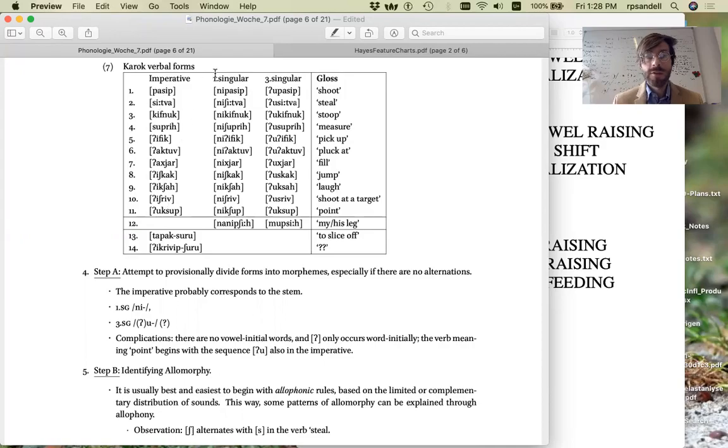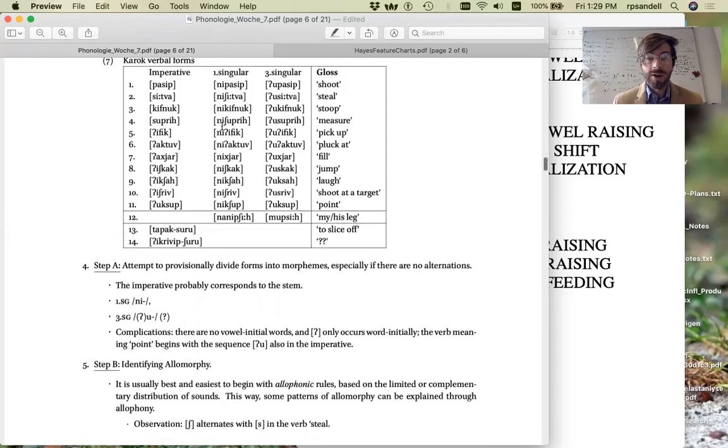When I look at the first singular forms, on the other hand, there it should be immediately clear to us that there is a morphological commonality among all of these forms. There's always a sequence ni at the beginning of the word. So that leads quite naturally then to the assumption that there is a prefix with the underlying form ni. It's not subject to any phonological rules that create allomorphs, and thus we'll see that prefix.